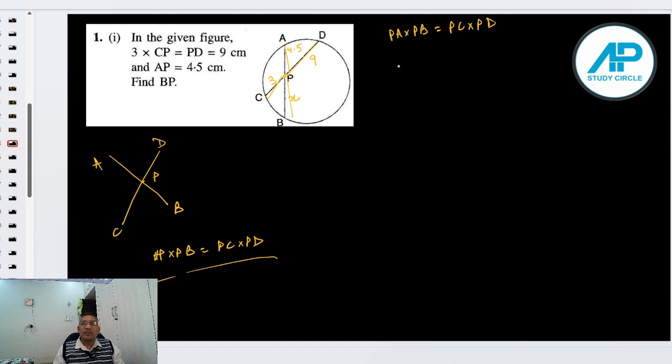Now put the value here. PA is 4.5, PB is not known, PC is, what was PC? 3 into 9. BP is 27 upon 4.5.